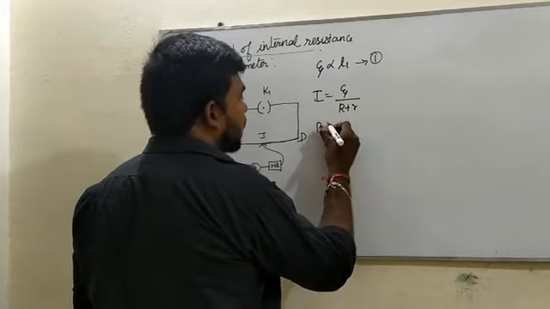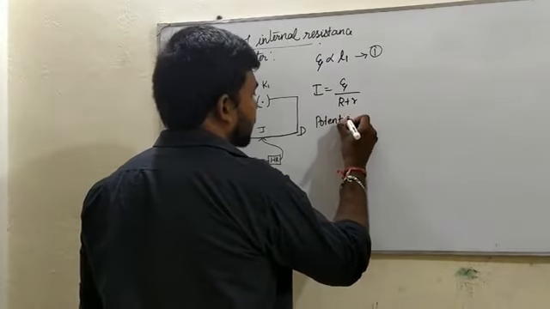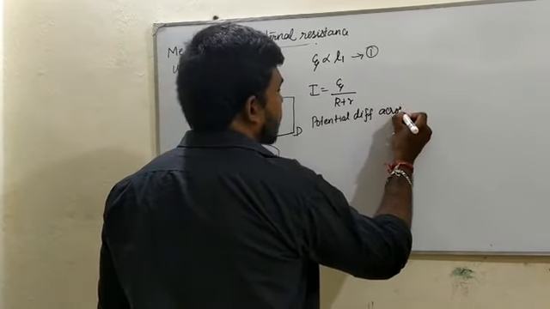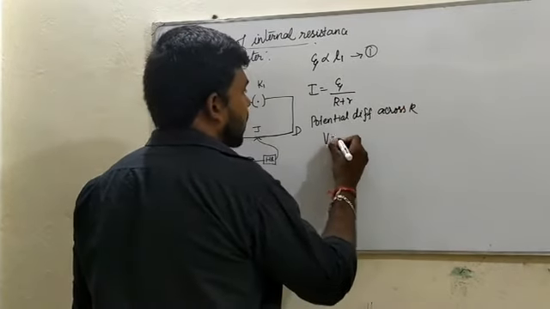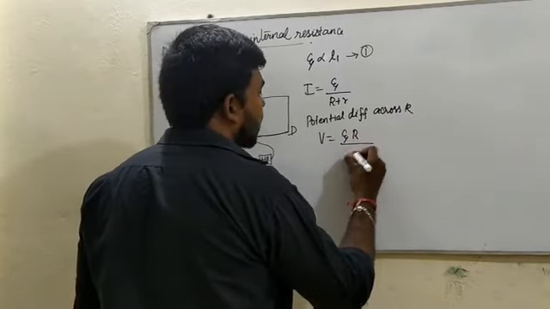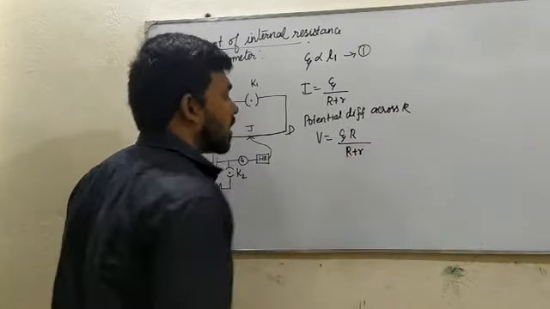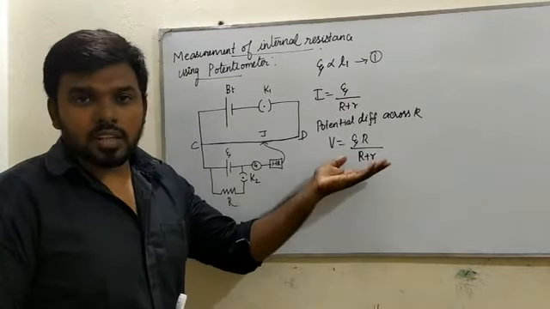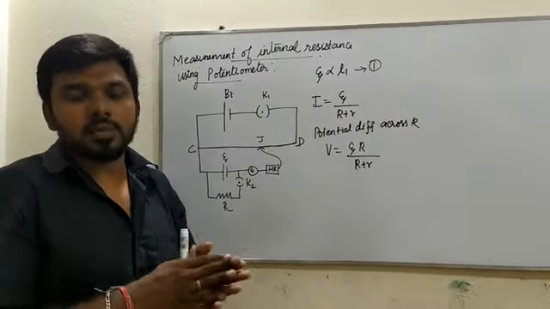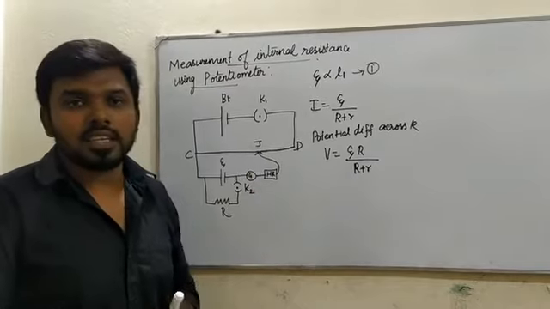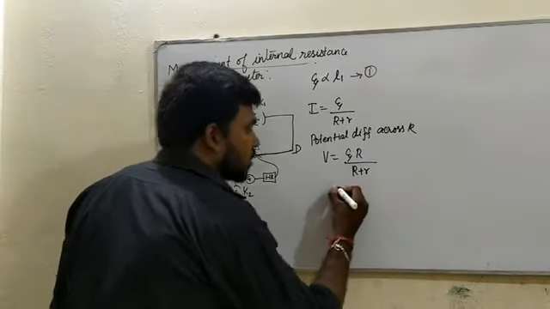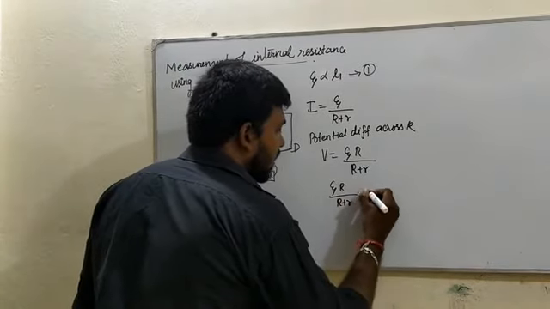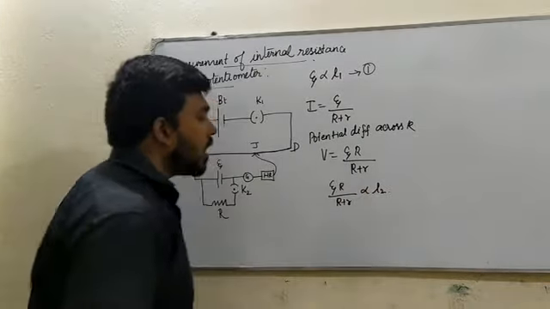Then the potential difference across R is given as V equal to xi R by R plus r. Using this expression, we can say that when the potential difference is balanced by the potentiometer, the balancing length is considered as L2, so that xi R by R plus r is directly proportional to L2.